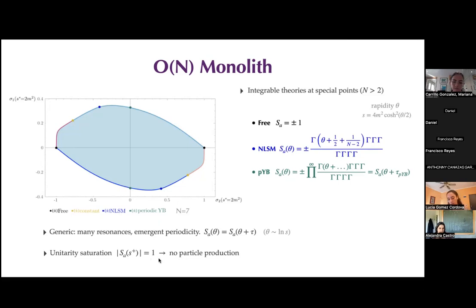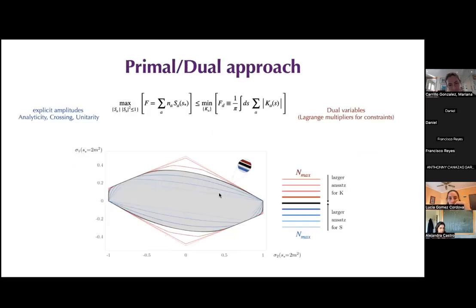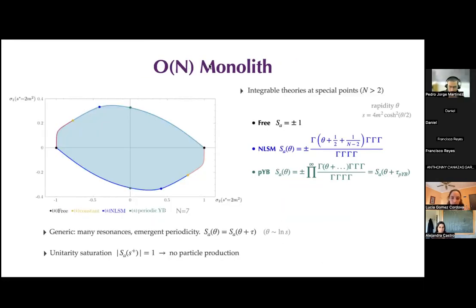If the theory is not integrable, this doesn't make sense for all energies, only at low energies. But we expect that what we're finding is actually a good approximation to the true thing. Okay. So this is what we find for this.